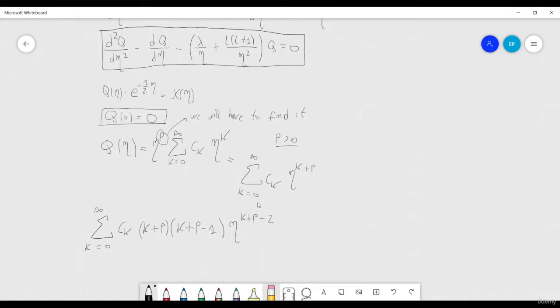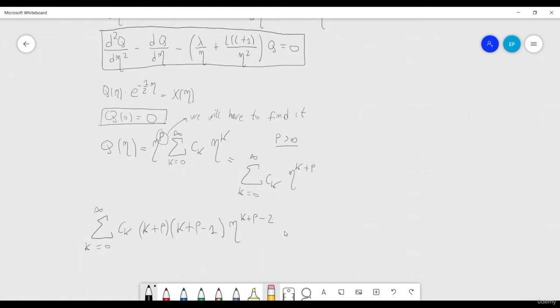So the first derivative would be k plus p times eta to the k plus p minus 1. Then you take another derivative and you will have another factor here, and we have to subtract 1 from the exponent. So we have a minus 2, which appears because of the second derivative.